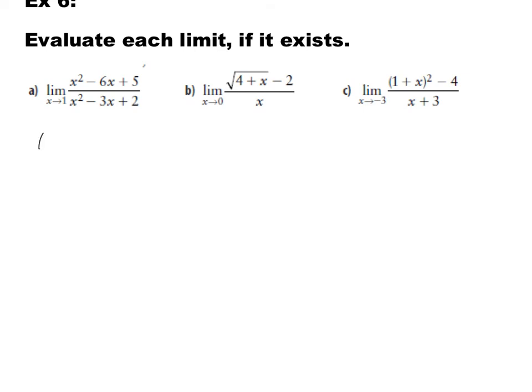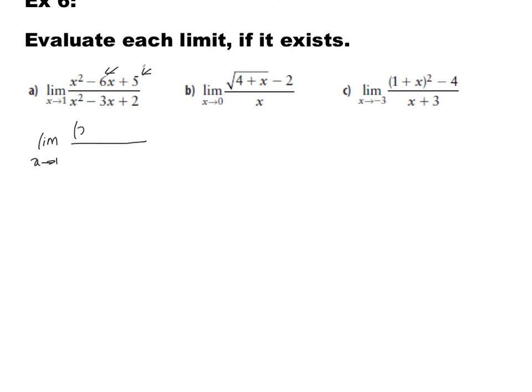I can write this one as limit of x goes to 1 of the numerator. I can factor this one out. Since the leading coefficient is 1, I can use sum and product. I'm looking for two numbers that the product is 5 and the sum is negative 6. Those two numbers are negative 1 and negative 5.